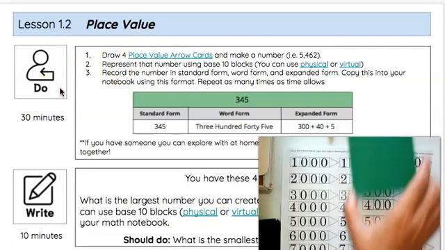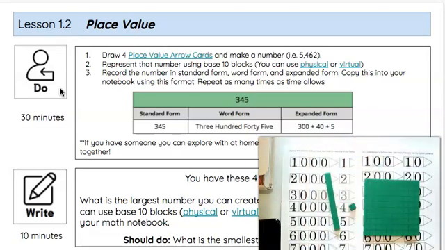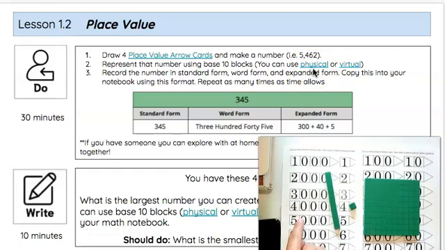You can decide if you would like to use physical base 10 blocks, if you have those at home, or I also linked virtual base 10 blocks. These physical base 10 blocks, you would just print out and then cut out, similar to what we did for our place value arrow cards. And then of course you're going to need your math notebook so that you can copy your work in it.